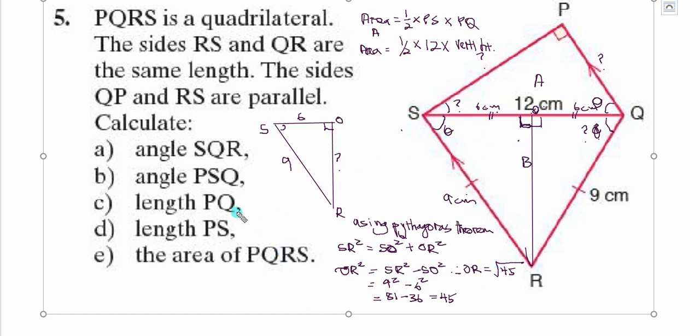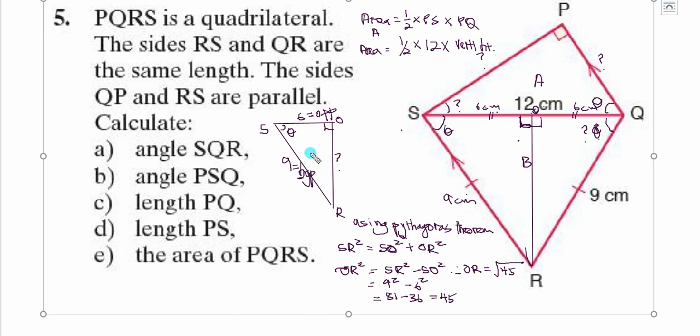Okay. Now, what about SQR? SQR actually is the same as RSQ. That's going to work out this angle, theta. Now, what are the given values? T is the opposite of this angle, opposite. This is going to be the hypotenuse.